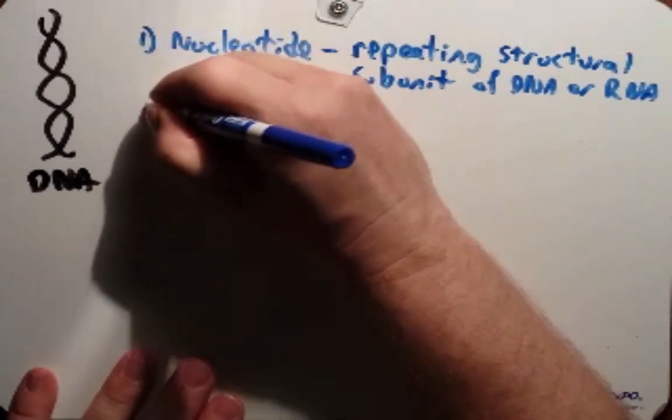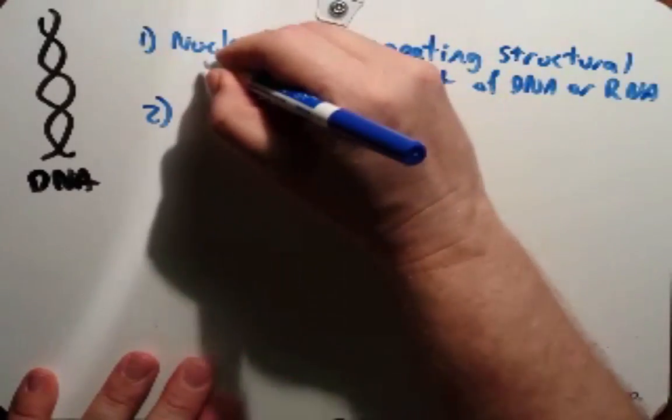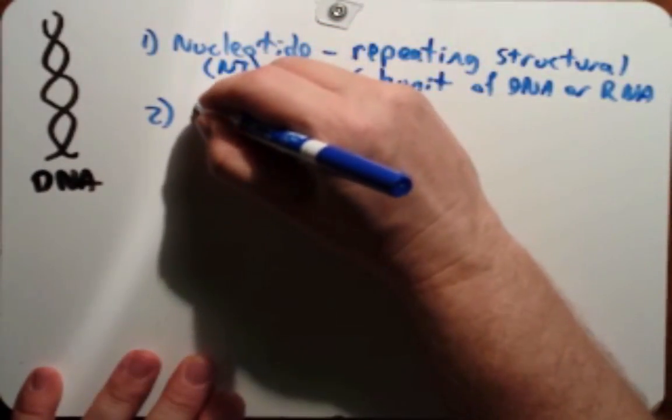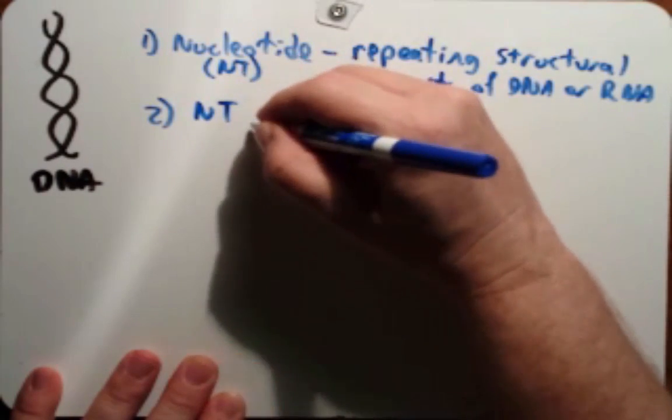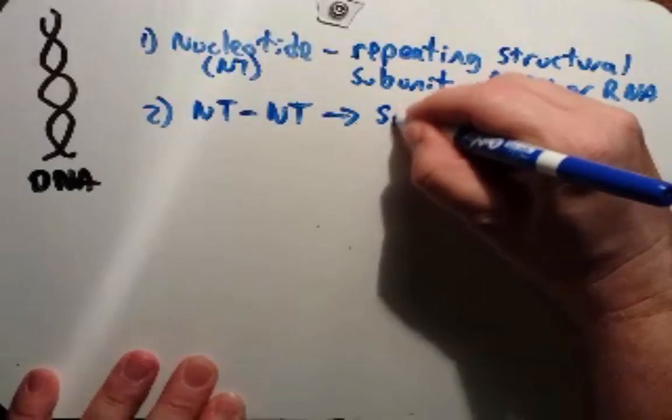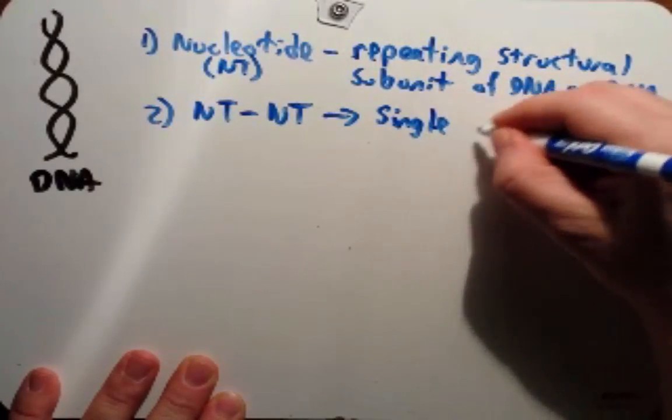Then we're going to want to talk about how these nucleotides, and sometimes I'll abbreviate nucleotide just as an NT, bind to each other to form a single strand of nucleic acids.